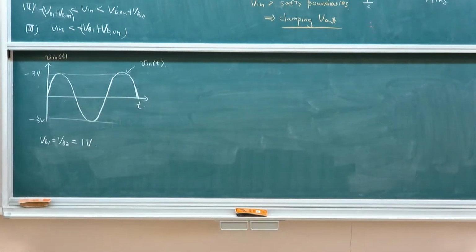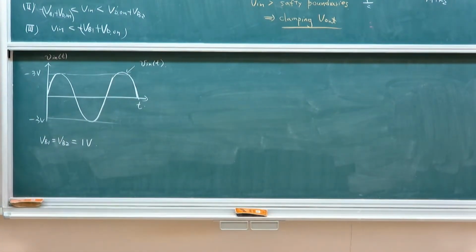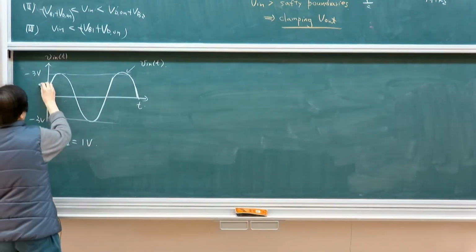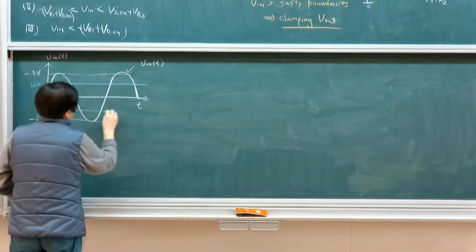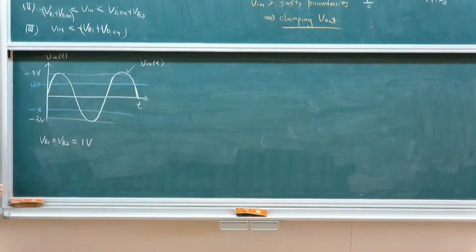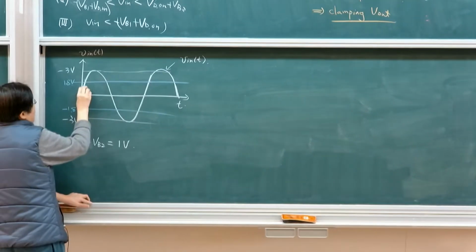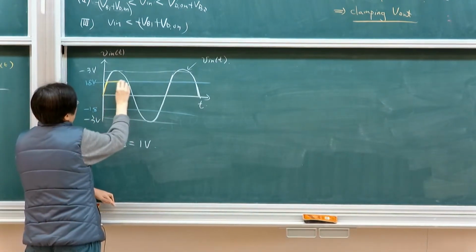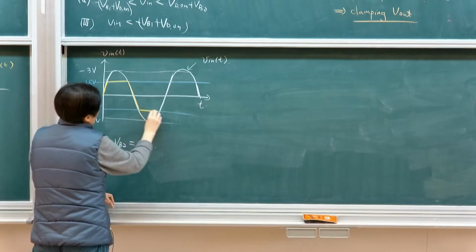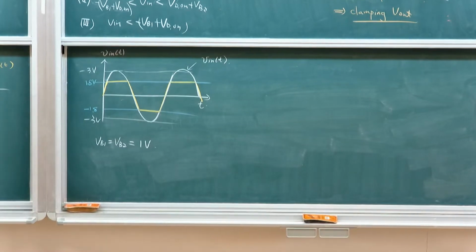So then my upper bound will be 1.8, right? So I can draw a line at 1.8 volt and minus 1.8 because I'm setting it the same. So then what is the corresponding output? It will look something like this. It will follow when it's within the dead zone, and when it hits, it will flatten, clamp, come down, up, up.